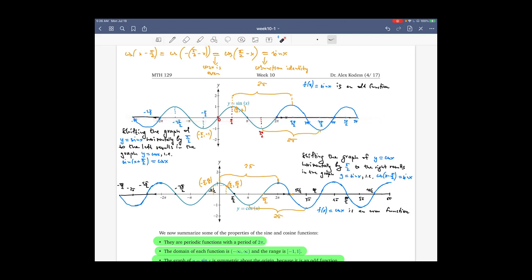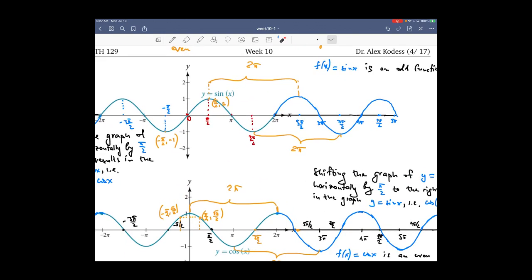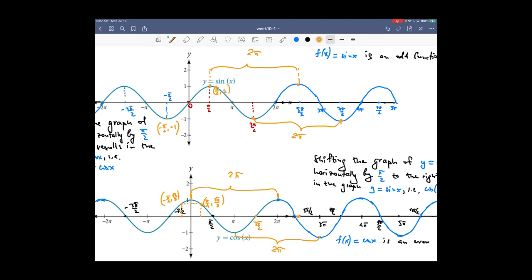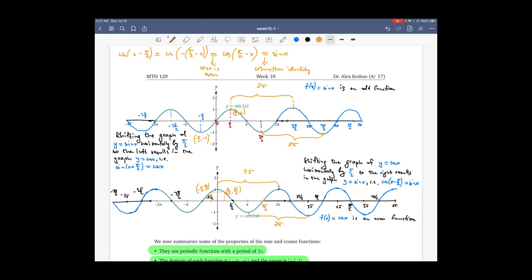Definitely neither sine x nor cosine x are symmetric above the x-axis. What is true is that the line is equidistant from the maxima and minima. For sine x or cosine x, maxima have y coordinates 1 and minima have y coordinates negative 1. So the x-axis is equidistant from these points.